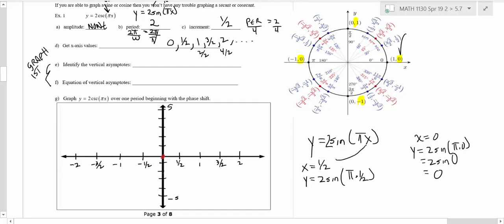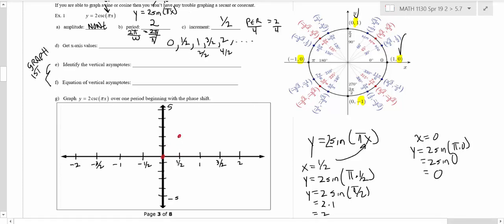So again, I'm just plugging that in. And see, what's going to happen is that transfers that to pi over 2, so this is really 2 sine pi over 2. What's the sine of pi over 2 on the unit circle? That's 1, right? So basically you end up getting 2 times 1, so you get 2. So your next point reaches the maximum and goes to 2 like that.